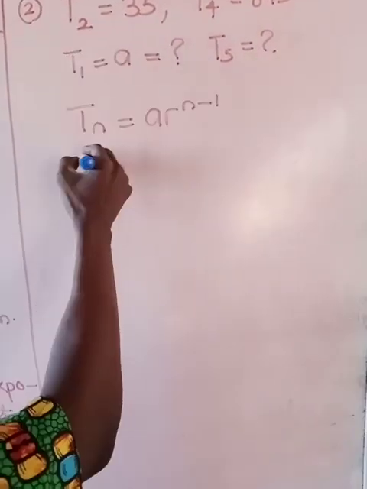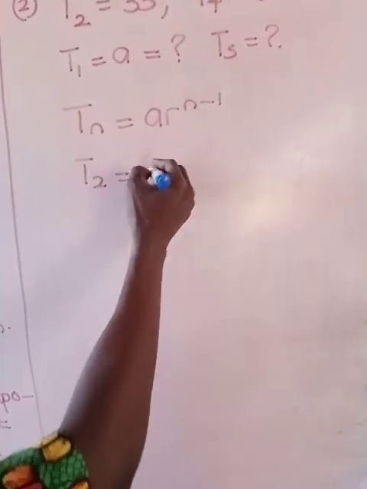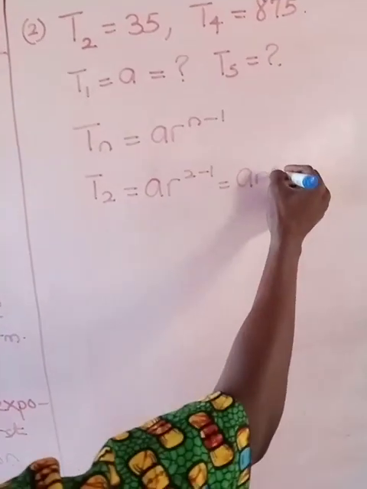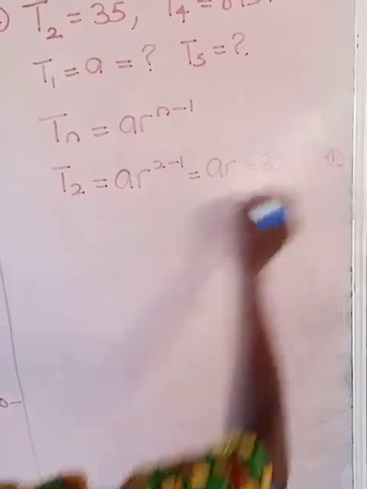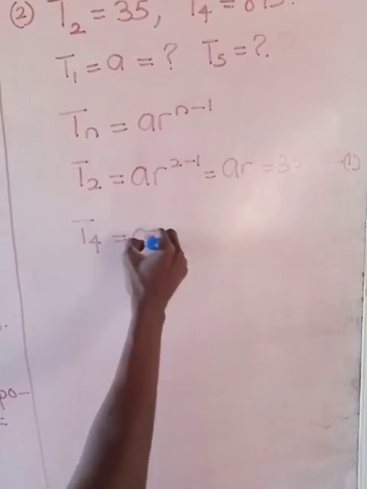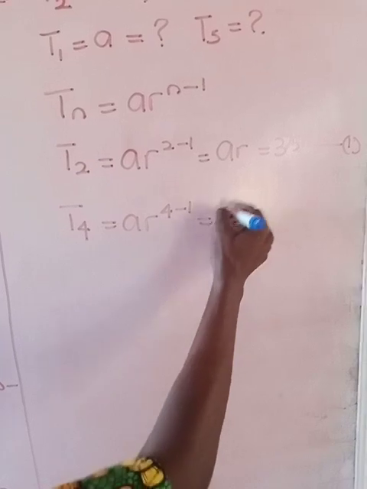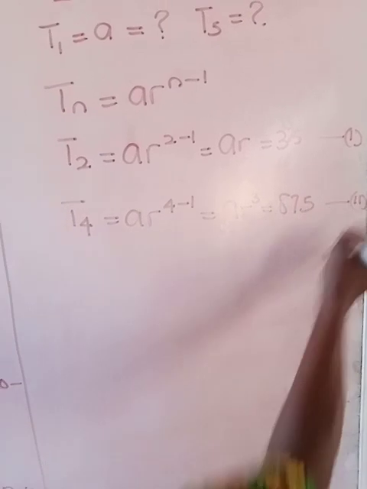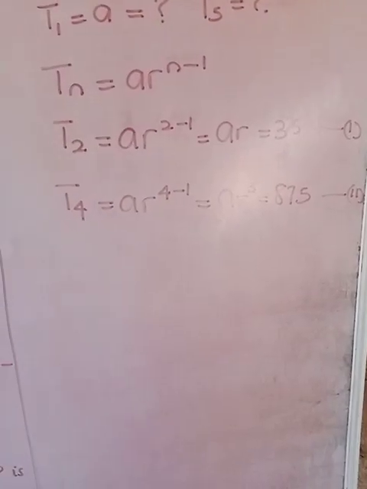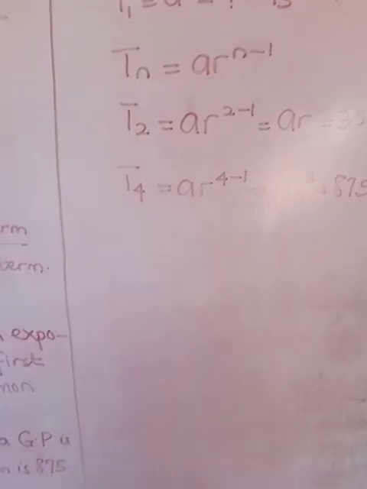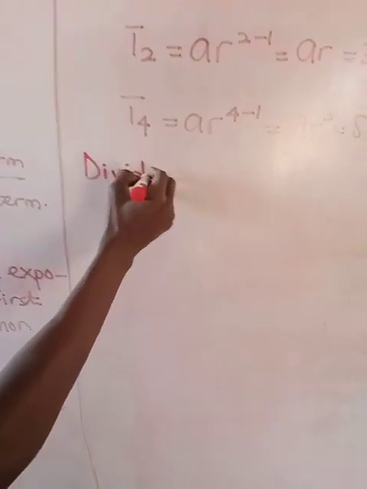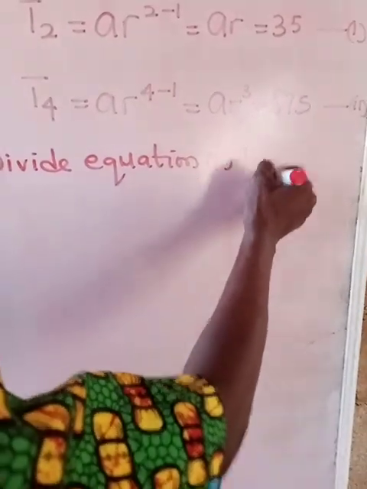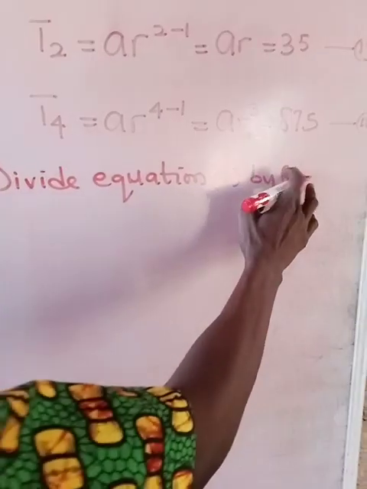Now you have T2. T2 will be AR raised to power 2 minus 1. That's AR, and it is 35. Equation 1. Then T4 is AR raised to power 4 minus 1. That's AR cubed, equals 875. Equation 2. So how do we proceed? Let's divide equation 2 by equation 1, because we want to solve the two equations simultaneously.